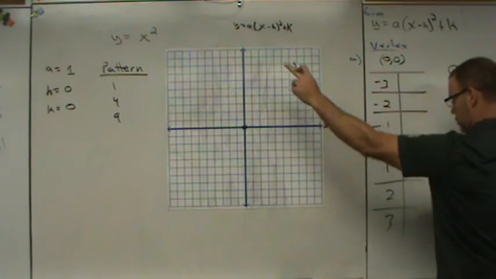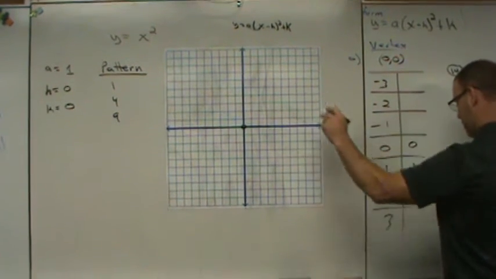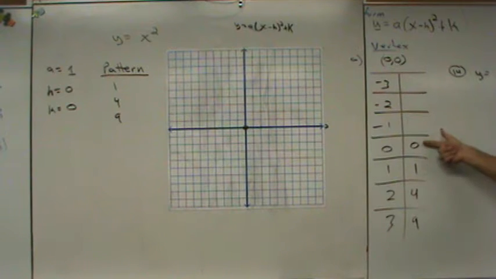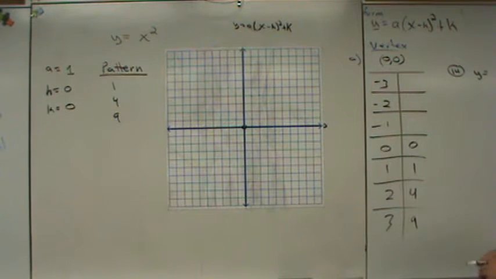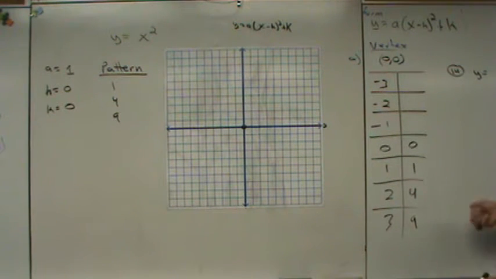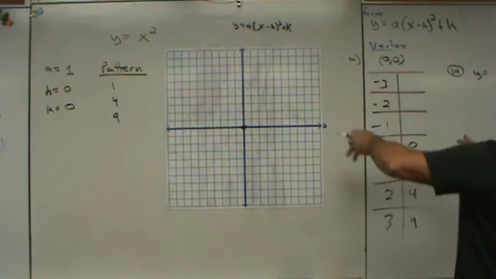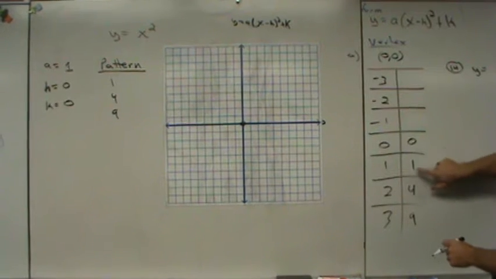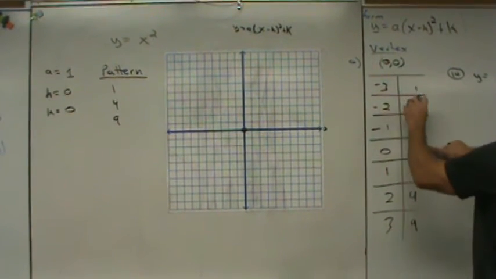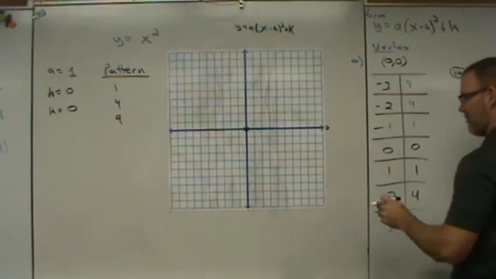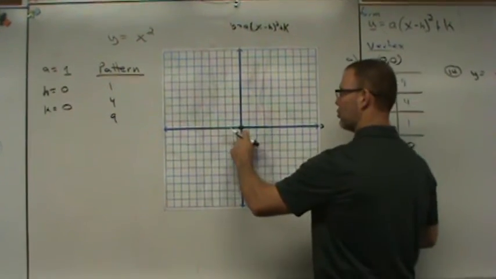If I input 2, 2 squared is 4. 3, 3 squared is 9. So here's my normal pattern, 1, 4, 9. Going back this way should be easy because my pattern should repeat itself, but going the other way, because parabolas are symmetrical, it's 9, 4, 1, 0, 1, 4, 9. I have all my points, and I could graph according to that.